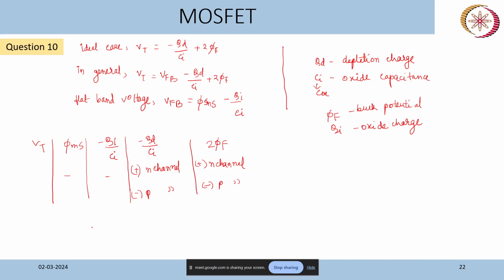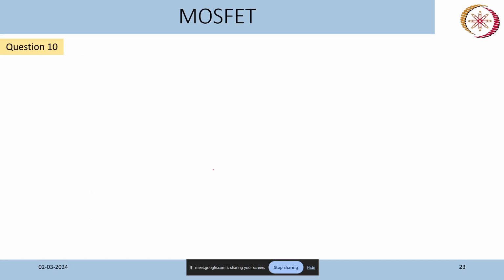Let me not write here. Now, how is body bias effect used to adjust the threshold voltage? In general, let's consider an NMOS. I'll take a few more minutes. Let's complete this. This is the n plus source, this is the gate, this is the channel, and this is the drain, which is n plus.